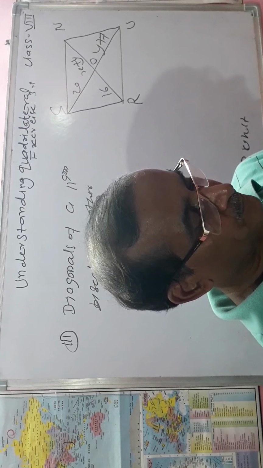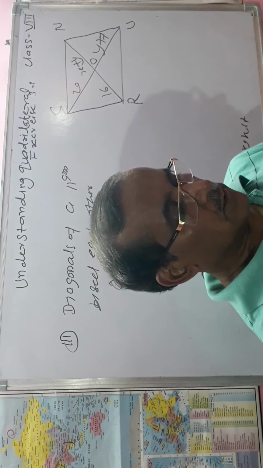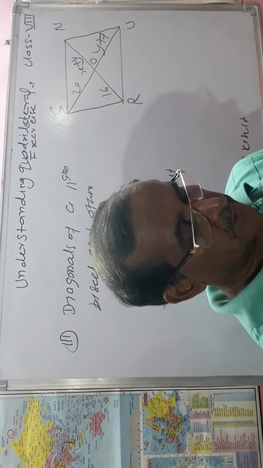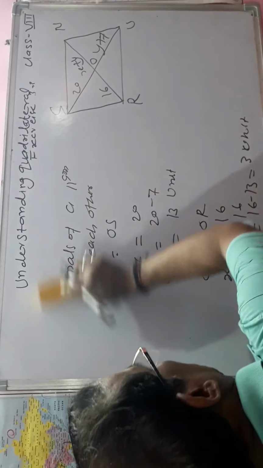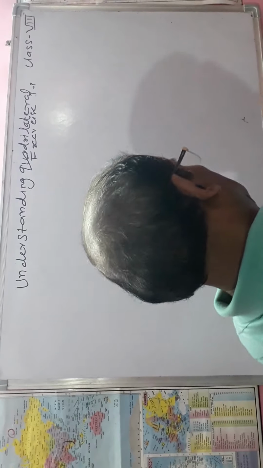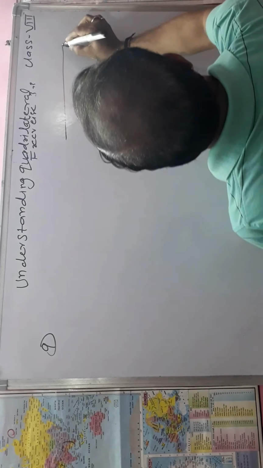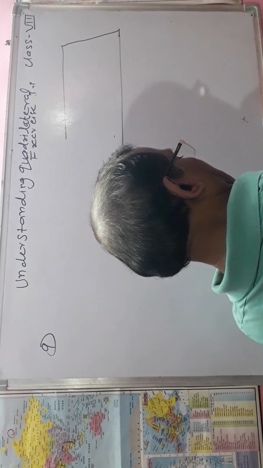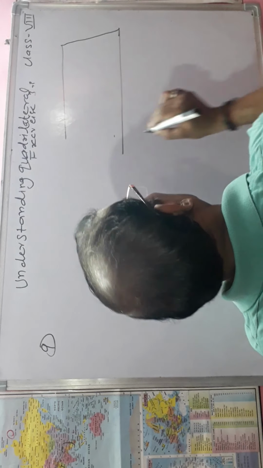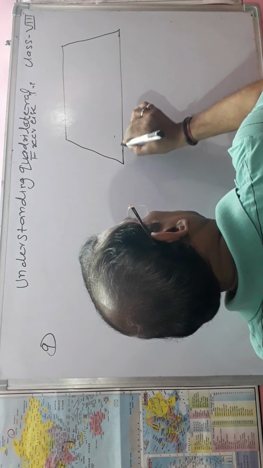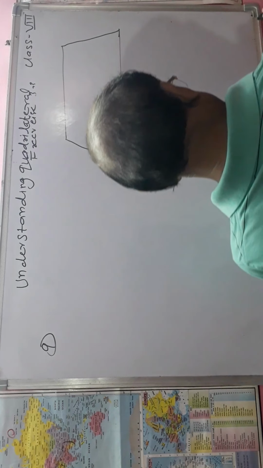We come on to the next question, question number 9. This is the figure of the 9th question. It is a trapezium. In the above figure, RISK, CLUE are parallelograms.